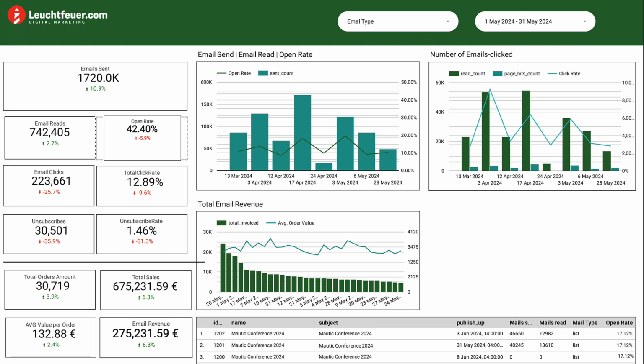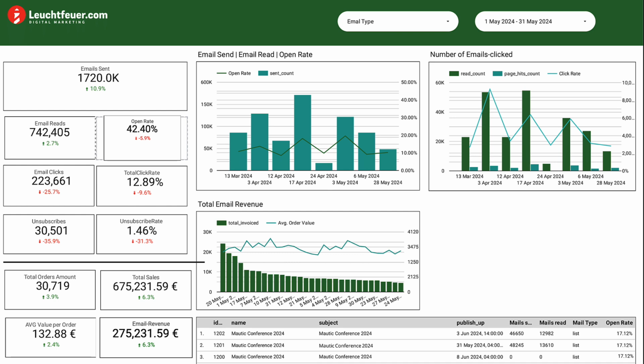So let's take a look at the finished dashboard, or let's see, I think this was about 50–60% into the whole project, so a lot of the details and a lot of the design still changed. But if we just take a minute and take a look at the email KPI block on the left and the email-related charts on top, and just leave out the sales data, you can take a look at that and then compare it to the email stats report you get from Mautic.